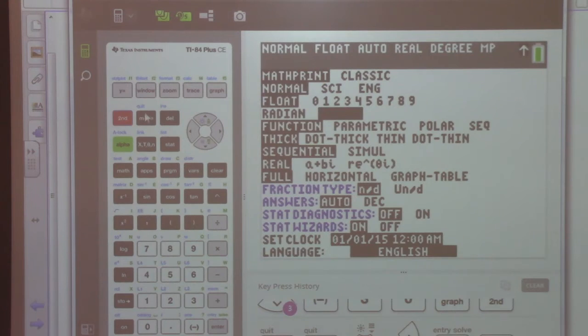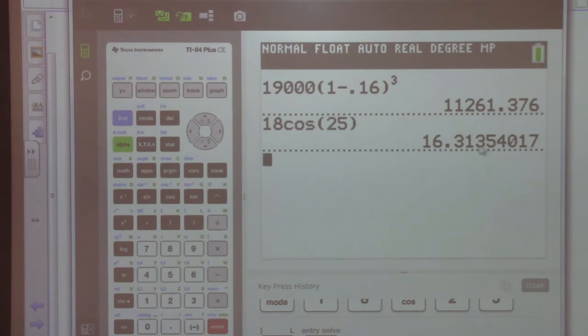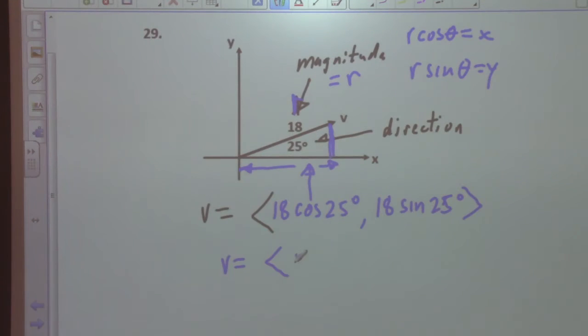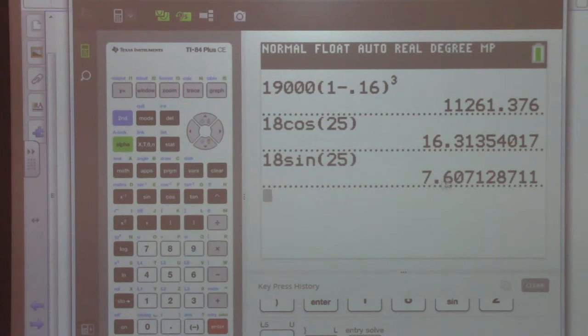So we put 18 cosine 25 degrees, which is 16.314, comma, and then 18 sine 25 degrees, which is 7.607.